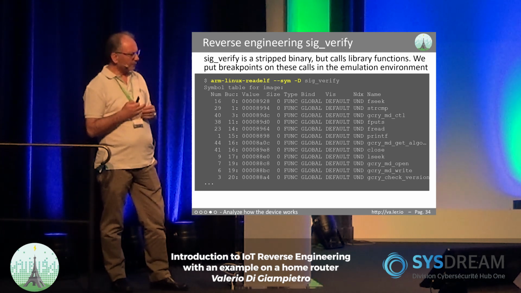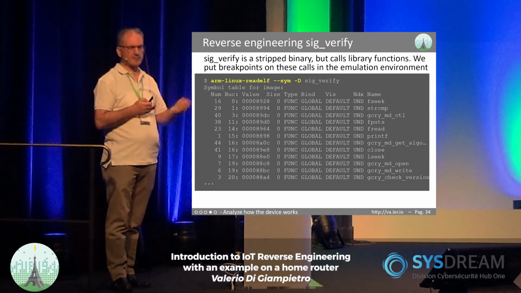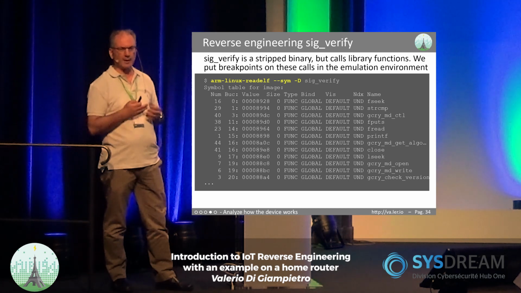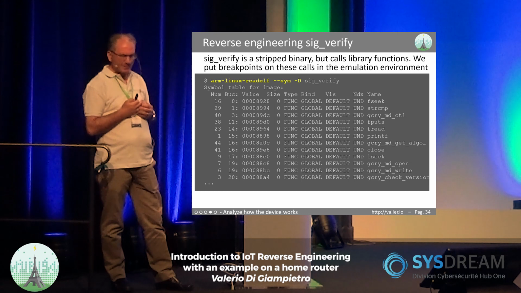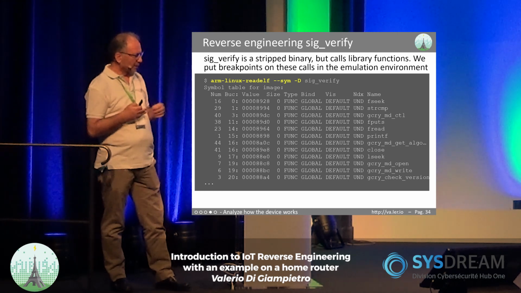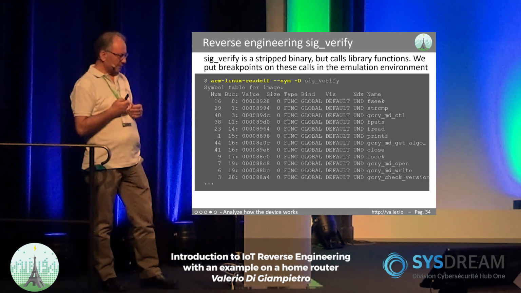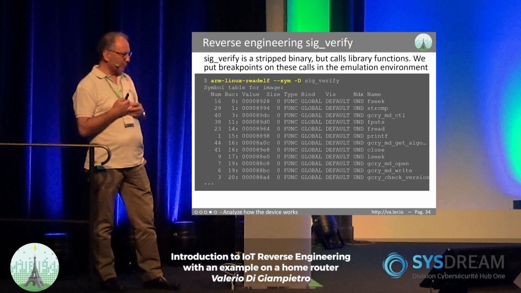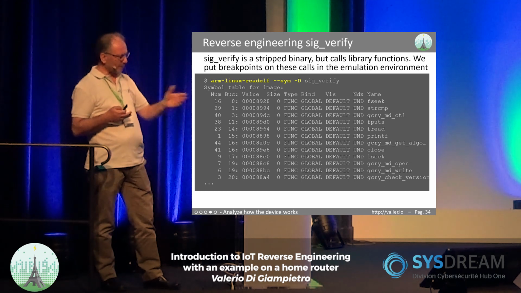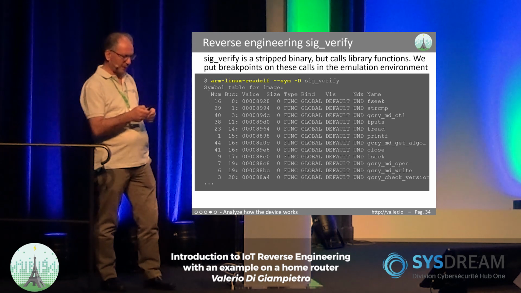It has no debugging information, but it calls library functions. So the idea is to run this executable in our emulation environment and put a breakpoint on each library function entry. We can have a list of all library functions called by the sig_verify binary with the cross-toolchain readelf command with the shown parameters. In this case, we have a list of all the library function calls.